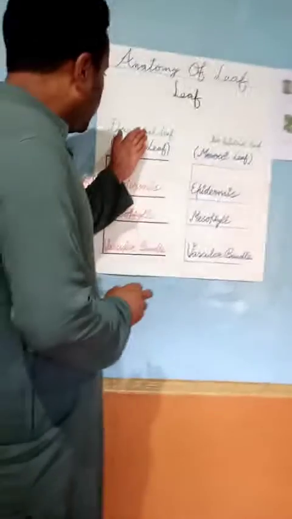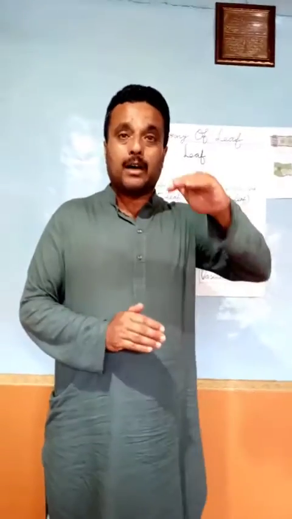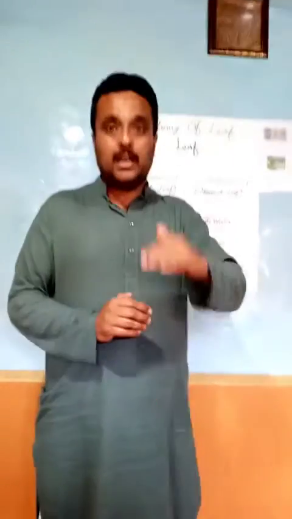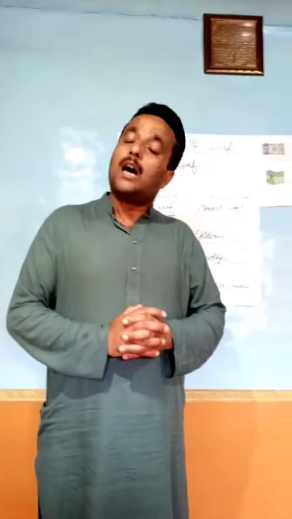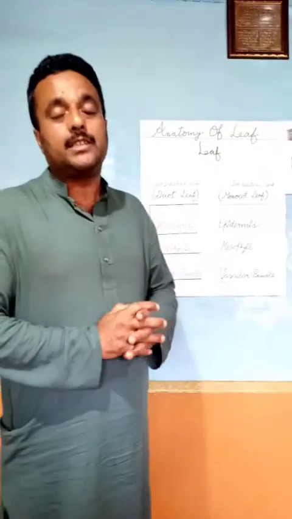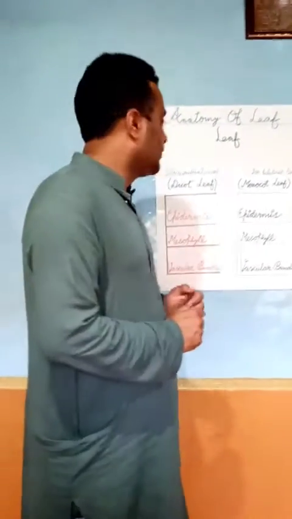In the dorsoventral leaf, the mesophyll tissue, or ground tissue, is divided into two main parts. The first is the upper palisade parenchyma, and the second is the lower spongy parenchyma. This type of leaf is the characteristic feature of dicot plants.